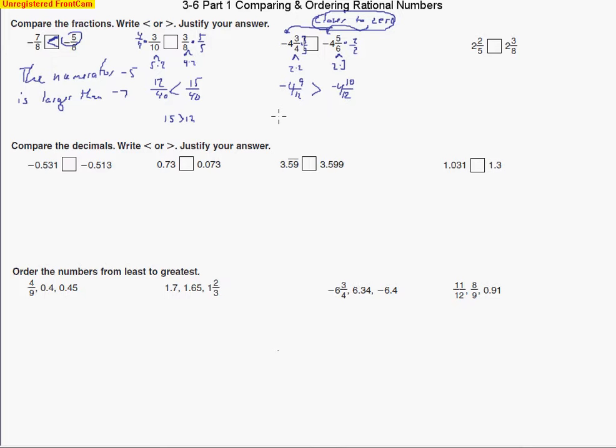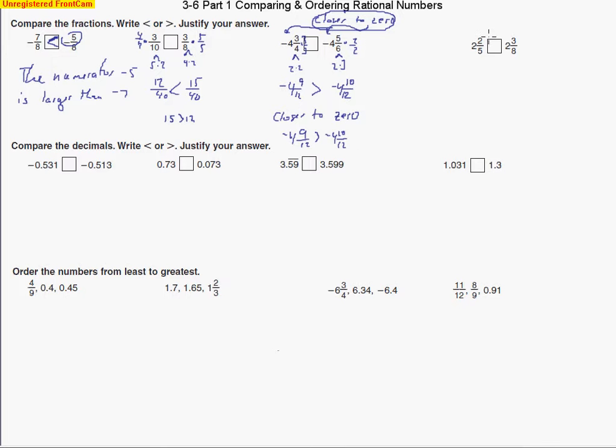So I go with the one closer to 0 is my key. And I know that when I look at it, I have 9/12. And we'll ignore the -4 for, actually we'll go ahead and write that in there. -4 and 9/12 is going to be closer to 0 because 9 is closer to 0 than that 10.